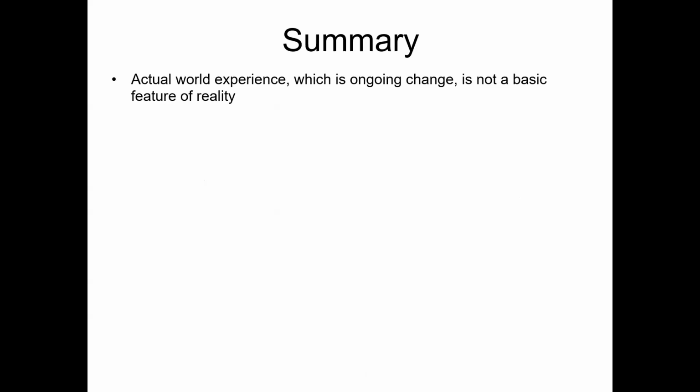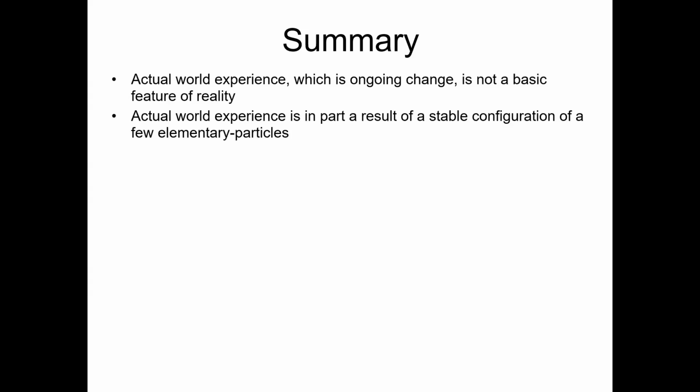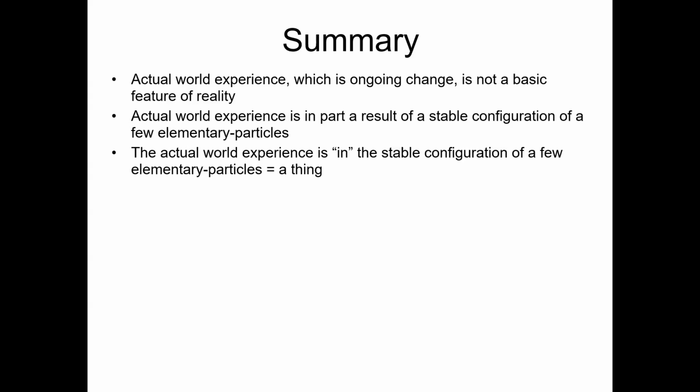Okay, let's summarize. We said that actual world experience, which is ongoing change, is not a basic feature of reality. Actual world experience is in part a result of a stable configuration of a few elementary particles, and we said that a few elementary particles together are called a thing.